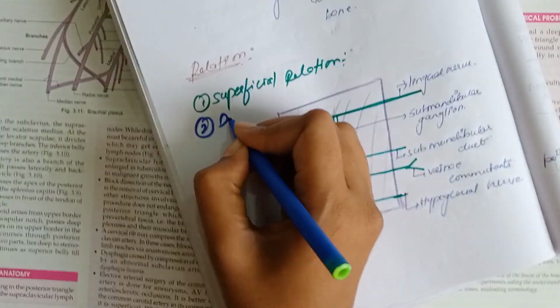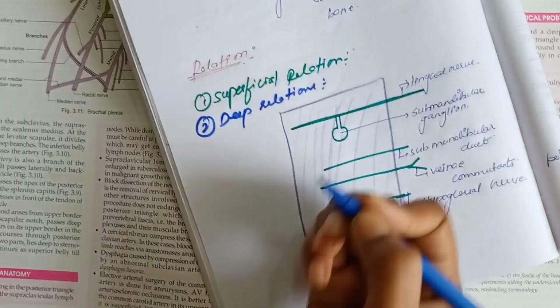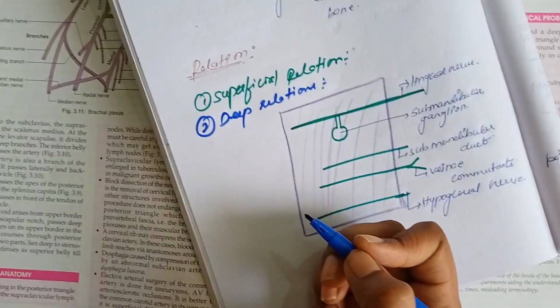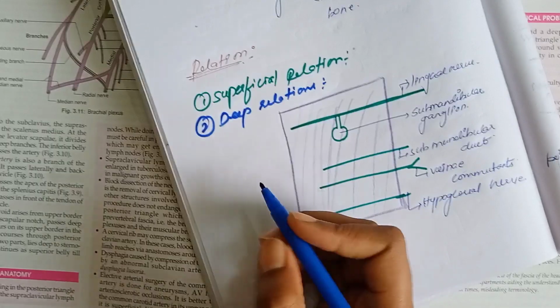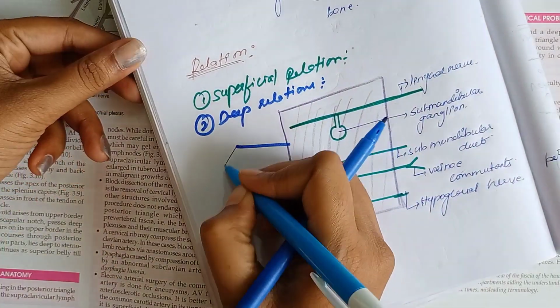Let us see the deep structures. This is the second one, deep relations. Firstly, the glossopharyngeal nerve, which is present here. This is the glossopharyngeal nerve.